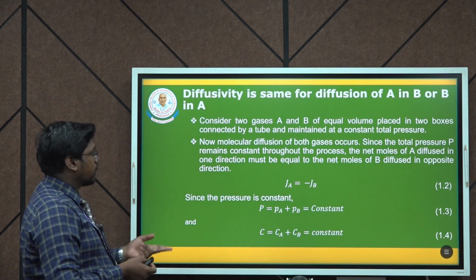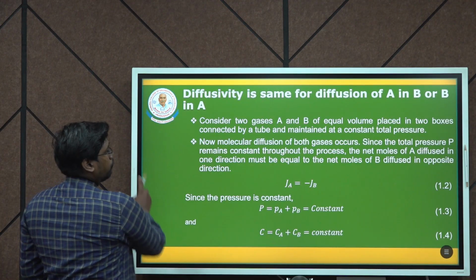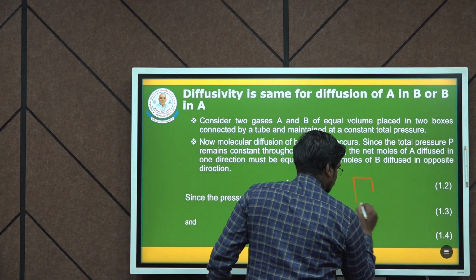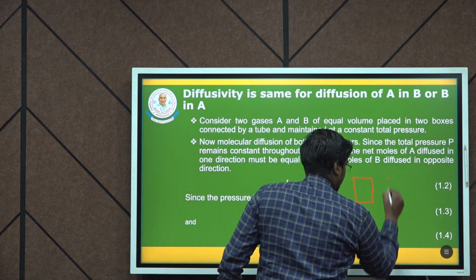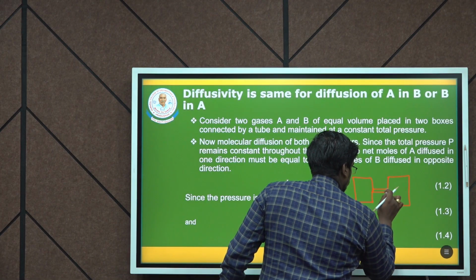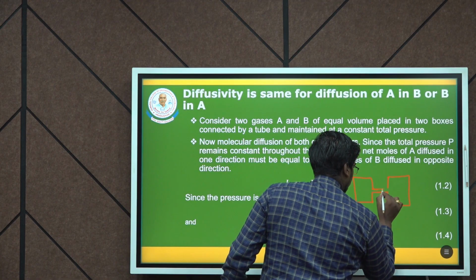Consider two gases A and B of equal volume, both placed in two boxes connected by a tube. So assume there are two boxes, and these two boxes are connected by a tube, so that will have a narrow opening.